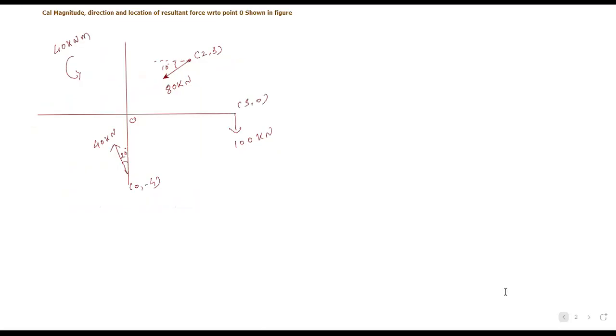Okay, this is the second example. Data will remain the same. Calculate magnitude, direction, and location of resultant force with respect to this point O. So again, you have to calculate location of resultant force.